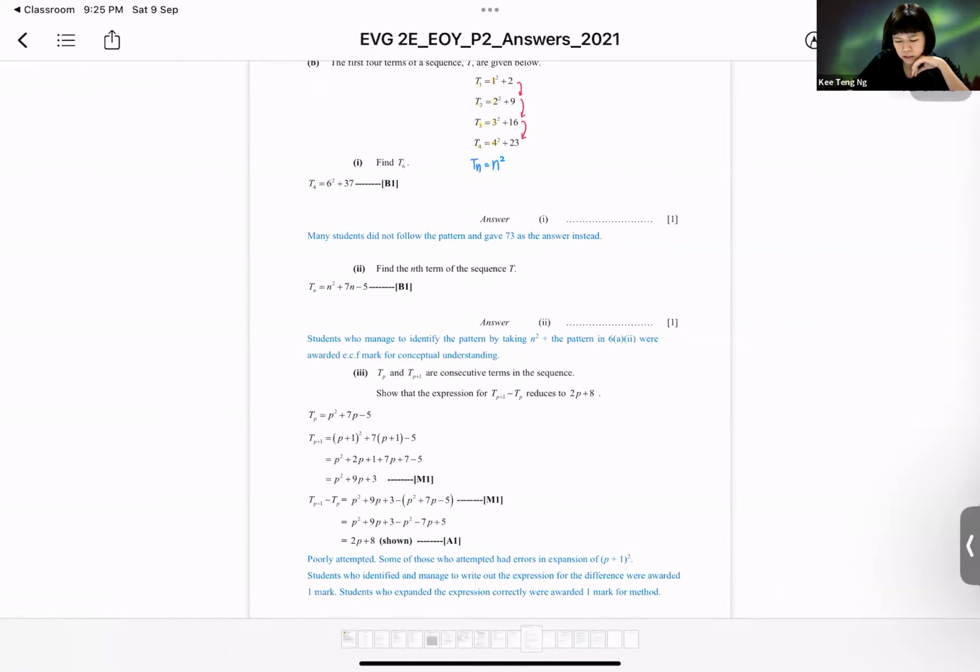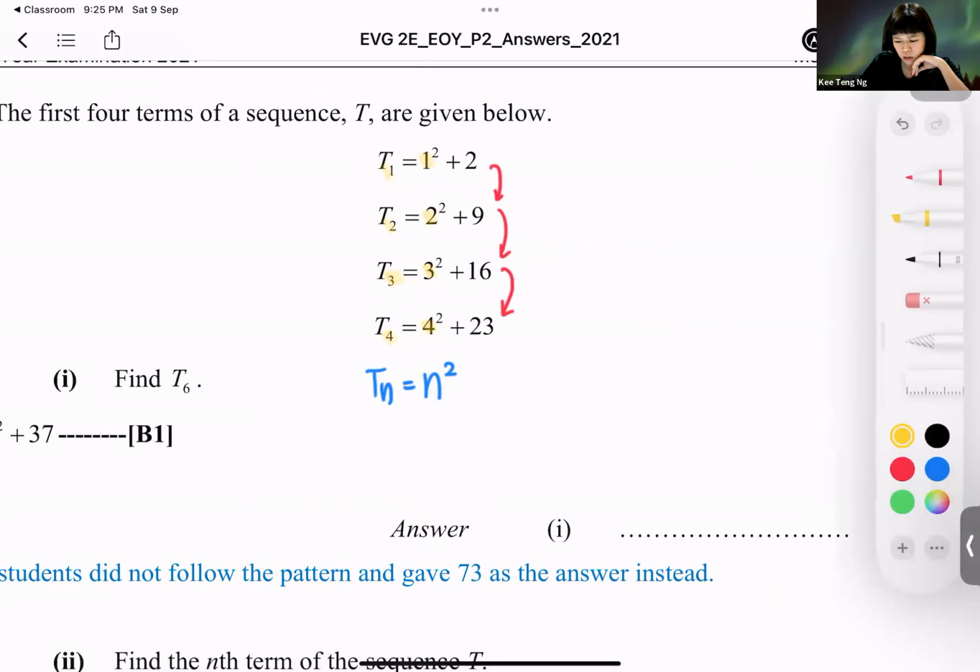So it means this portion over here, the 2, 9, 16, 23, the nth term will be minus 5 plus 7n. I should rewrite it to give it in terms of n squared and n. So hence, I found the pattern in terms of n for the nth term.